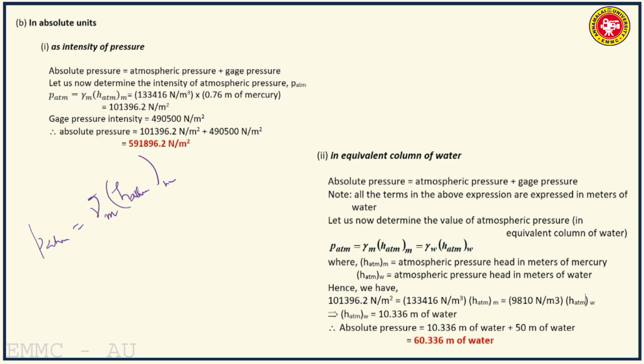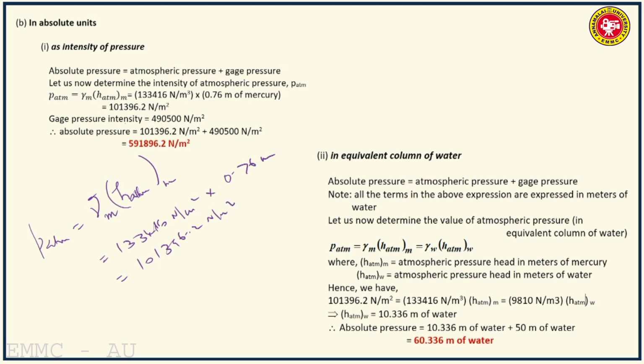So this will be 133416 Newton per meter cube multiplied by 0.76 meter of mercury. You get 101,396.2 Newton per meter square as the atmospheric pressure.